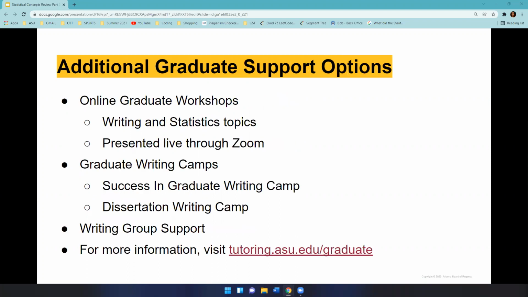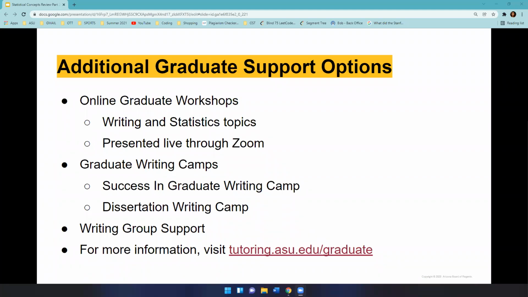Also, for any of our graduate students, we do offer graduate workshops like these. Upcoming, just to put on your radar, will be an intro to our workshop and then an intro to SPSS on the stat side. And then there are a variety of workshops for graduate writing as well.